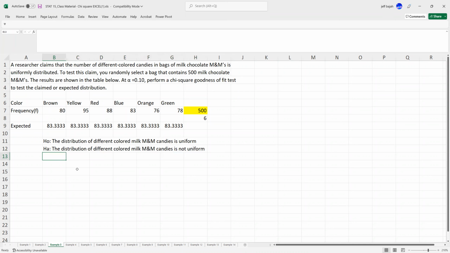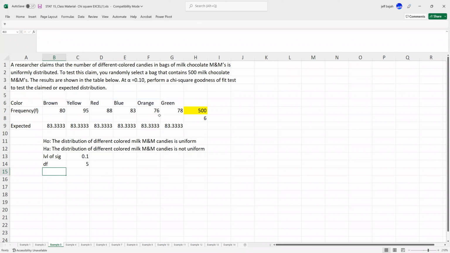All right, our level of significance, we know that's important. So what we're testing against is 10%. Right? Our degrees of freedom, we know that's usually the number of categories minus 1. So our categories minus 1. Right.